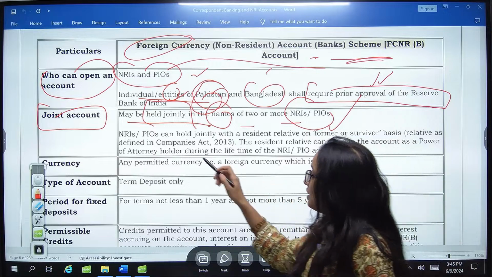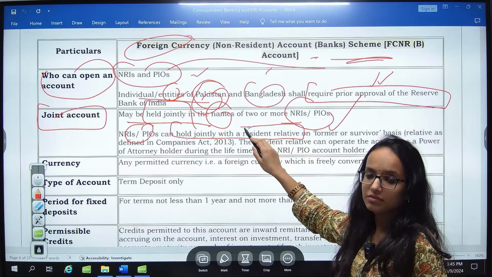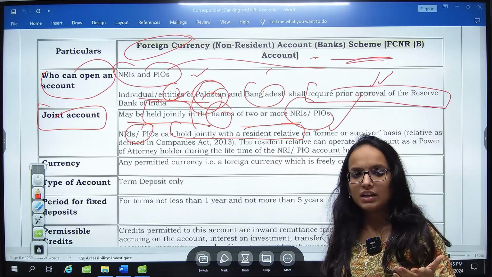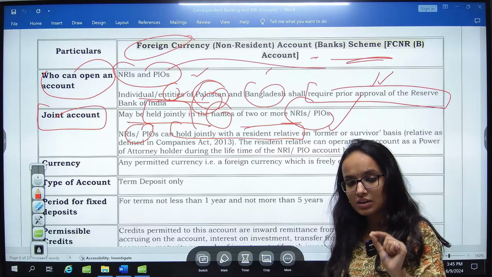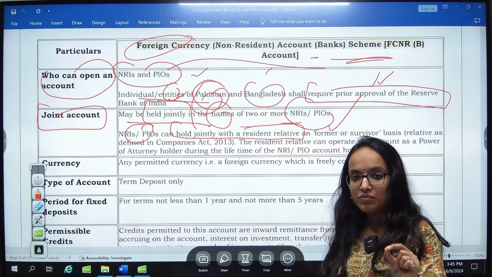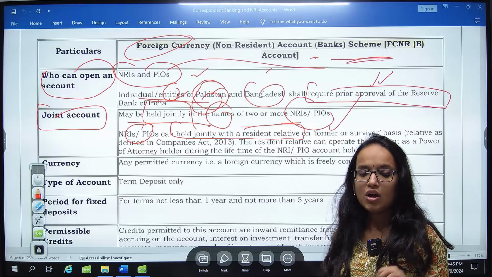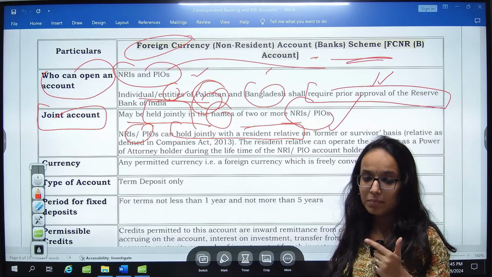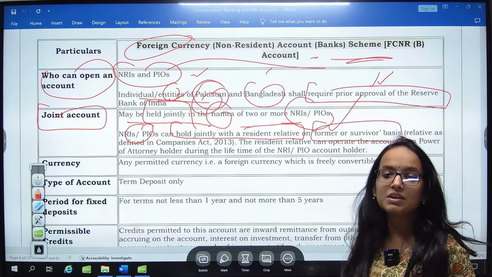Next, NRIs and PIOs can hold jointly with a resident relative. Also, one thing, either the NRI or the PIO can hold this account jointly with their relative who is a resident of India, but one condition will apply here. What is that condition? On the former or survivor basis.